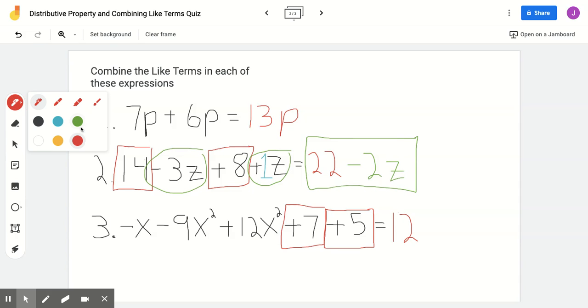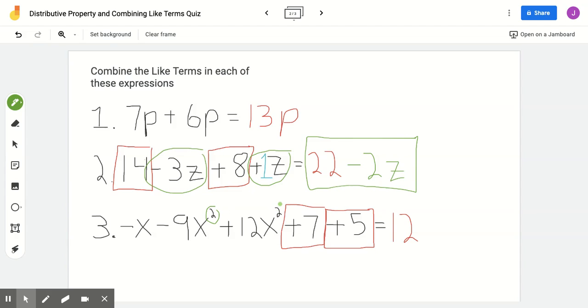Okay. Now let's take a peek at these first 3 terms. We have negative x, negative 9x squared, and positive 12x squared. So let's see if any of these are like terms. Right away we can see they're all the same variable, x, x, and x. However, these two are squared.